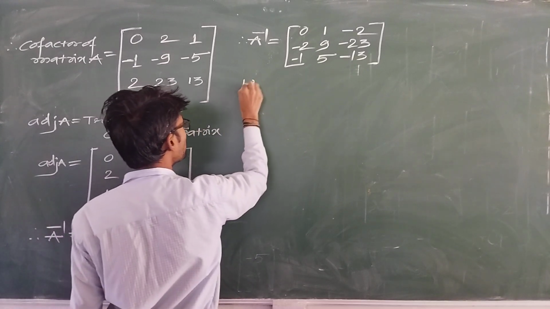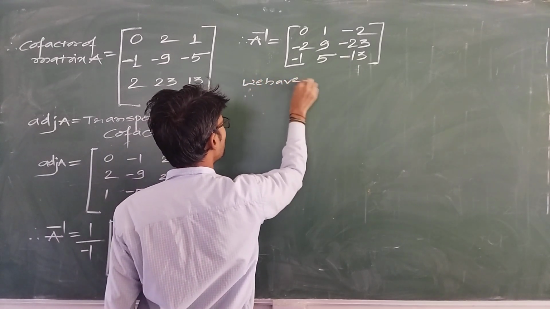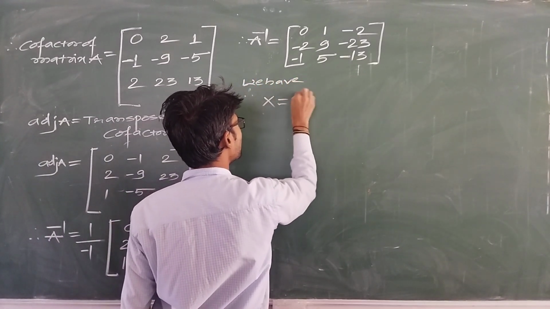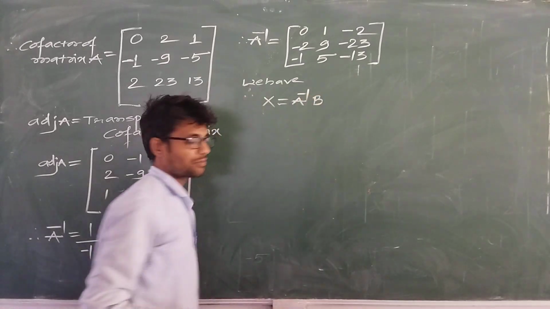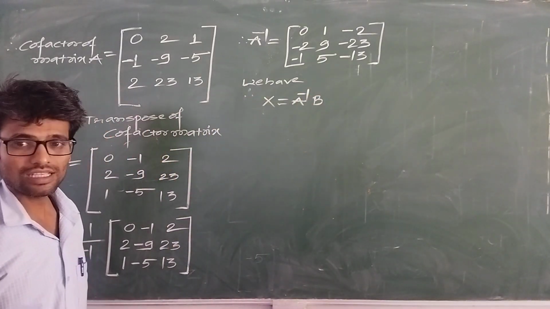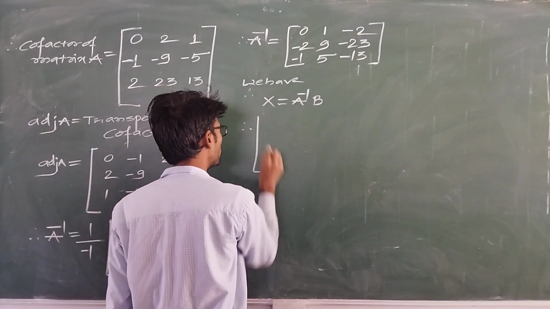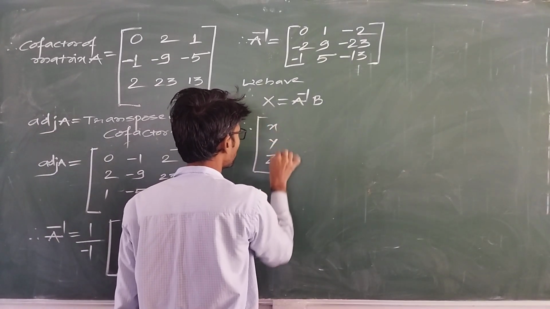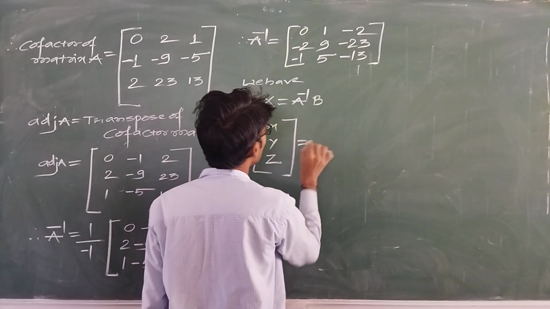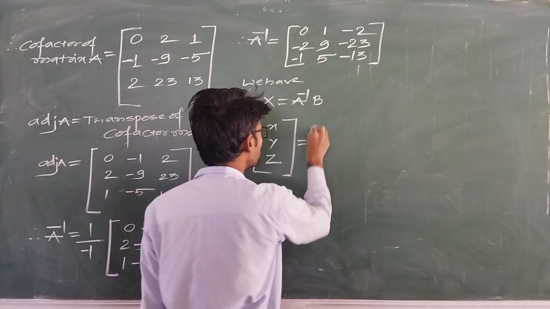Now after this we have the formula X equal to A inverse B. So substitute the values of X, A inverse and B in this formula. X means x, y, z is equal to A inverse.